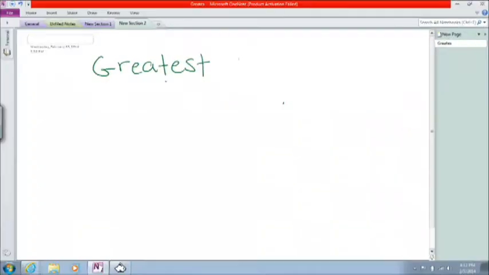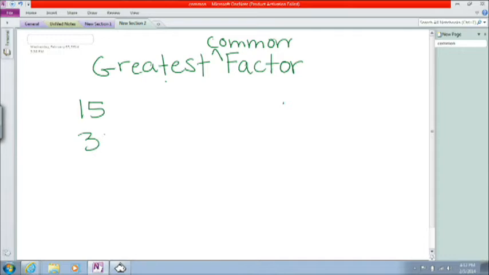So if you cut to my screen, I will show you how to find the greatest common factor of two numbers. Okay, so we were finding the greatest common factor of 15 and 30.